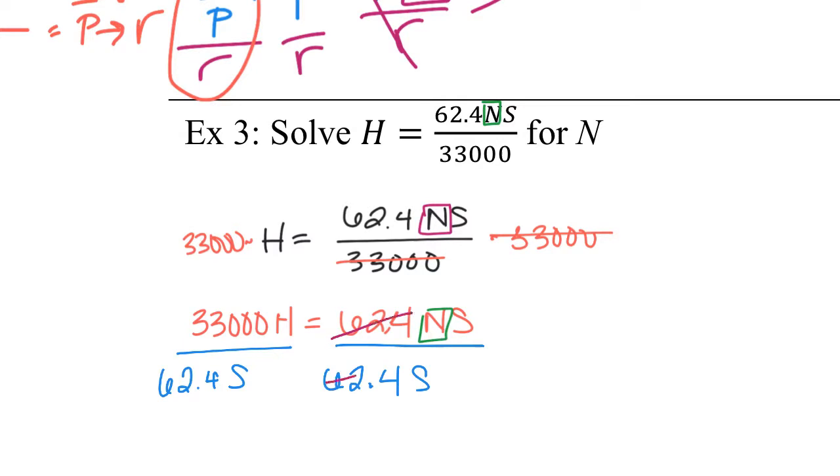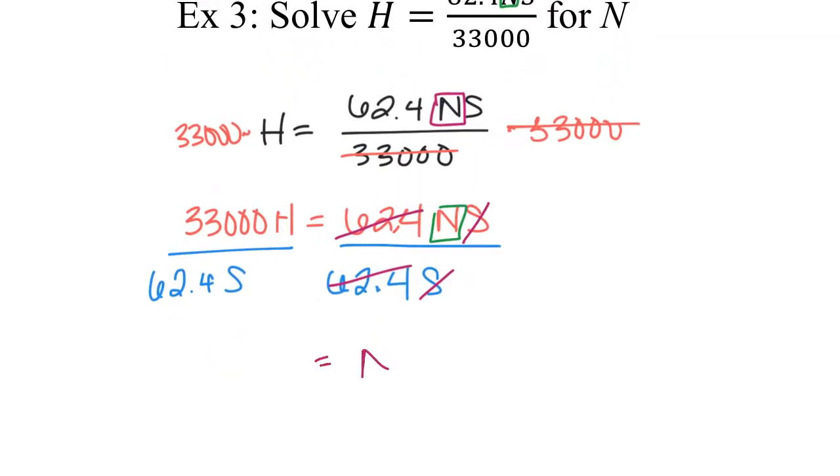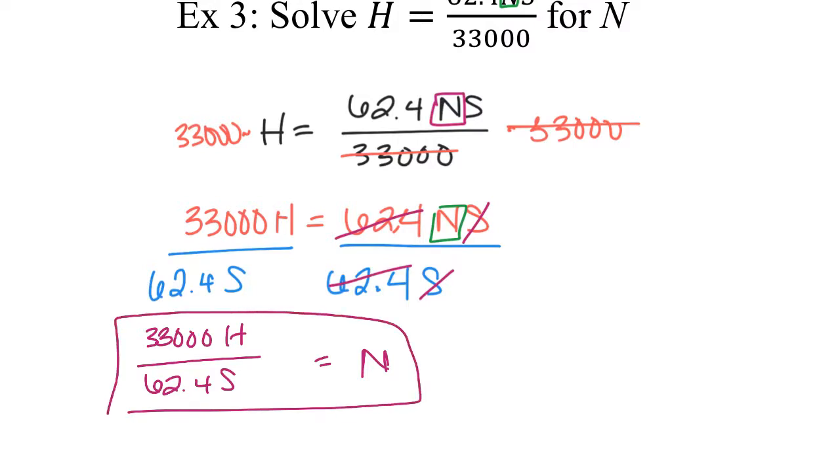So the 62.4 will cancel and the s will cancel, leaving us only with n on the right-hand side. On the left, we can just leave 33,000h over 62.4s alone. And now we have n isolated. Again, we don't know what h and s are, so we can just leave this alone without having to work through it any further.